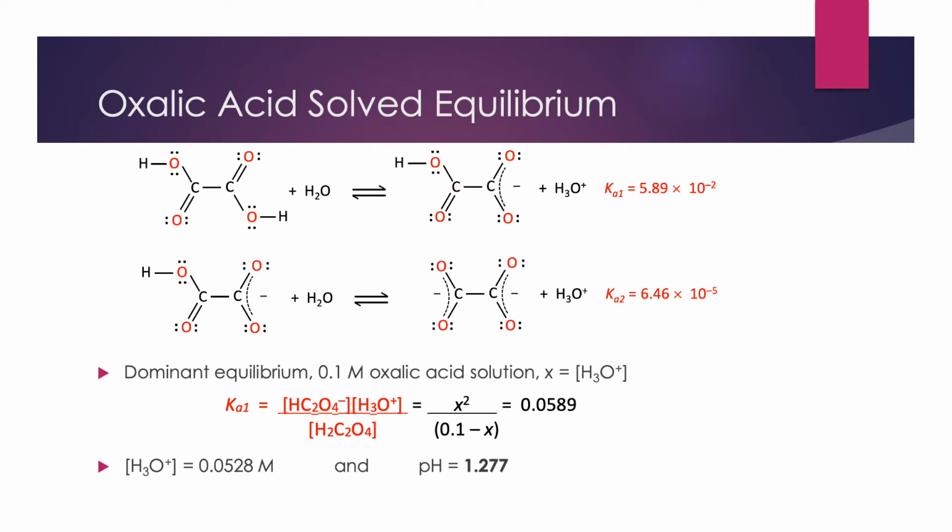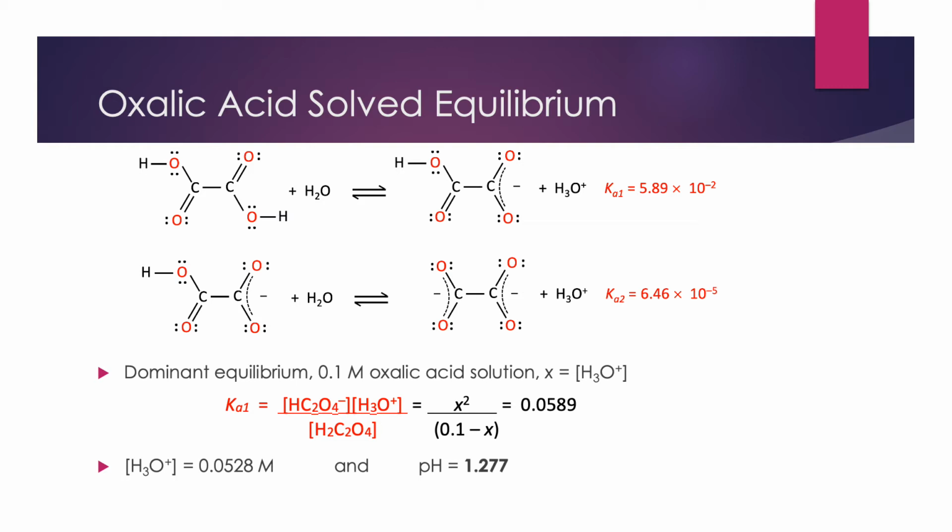It then will subsequently lose the second proton, and it forms the oxalate ion C2O4 2- plus hydronium ion, and that has a Ka value of 6.46 times 10 to the minus fifth. So it's 1,000 times less acidic. Nevertheless, it's still a reasonably good weak acid.